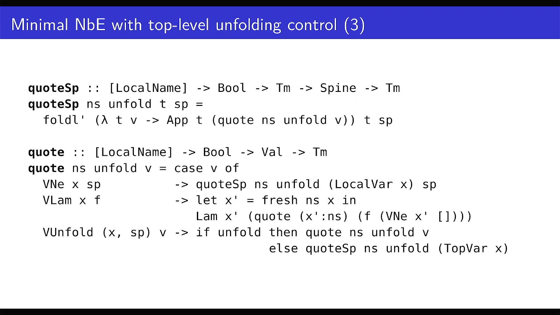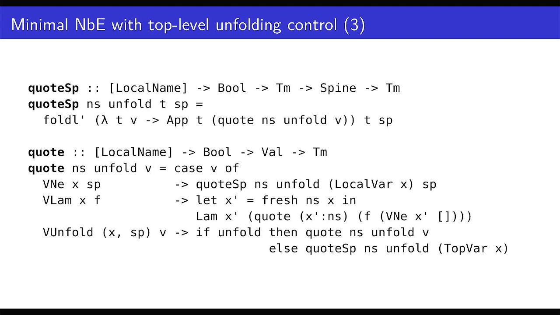And if I have an unfolding, then I can do this if only unfolding. So if I'm doing unfolding, I'm just converting the unfolded result to something. And if I'm not doing the unfolding, then I'm just converting this part of this value into an iterated application.